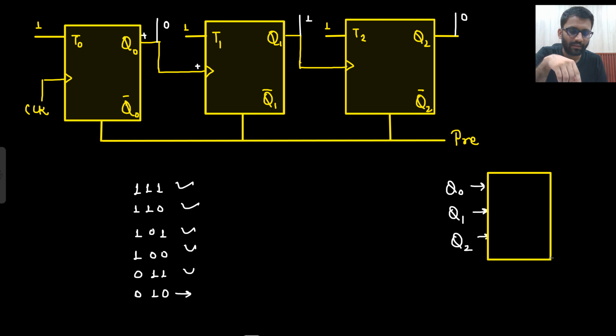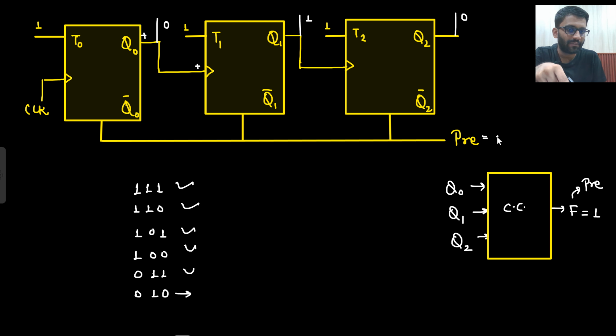Such that it gives output F equals to 1 here. This F will be connected to preset. This F is preset only.